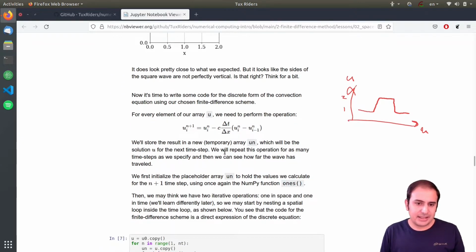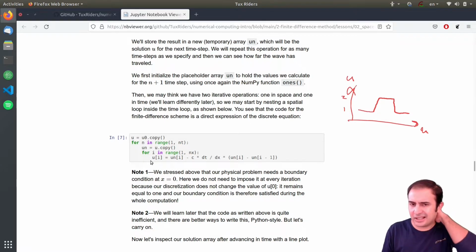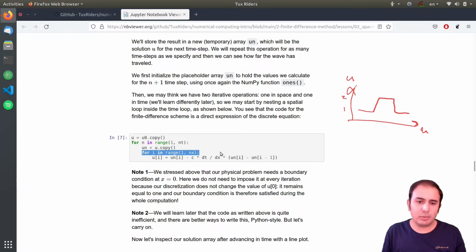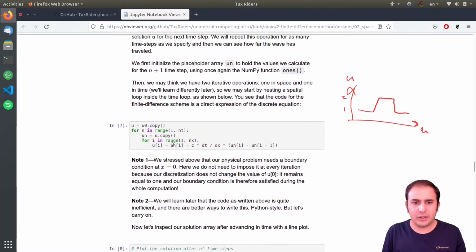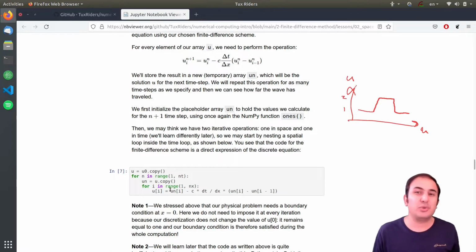And then using this iterative formula, we want to see how it goes on. With this very simple Python, nested loops, this is the loop on time and this is the loop on space. We compute the value of u. We have two variables here: un, which keeps the solution in the previous time step, and u is the value of the current time step.